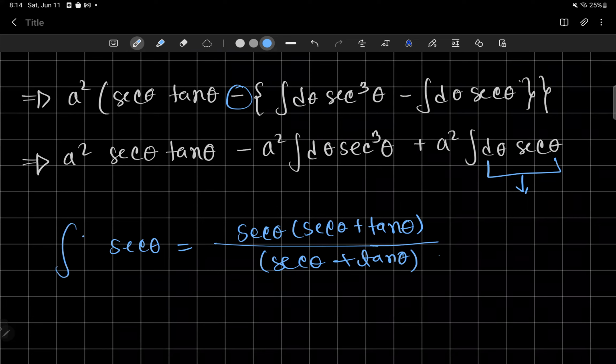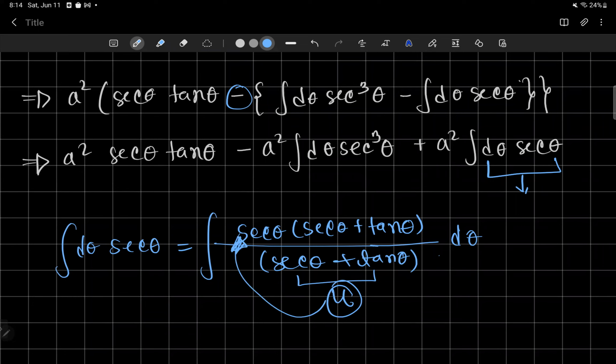And then if you want to integrate them, you can easily see that if you substitute this guy by u, this is your du, because the numerator now is sec squared theta plus sec theta times tan theta. And the denominator was what? Sec theta plus tan theta, right? The derivative of tan theta was sec squared and the derivative of sec theta was sec theta times tan theta.